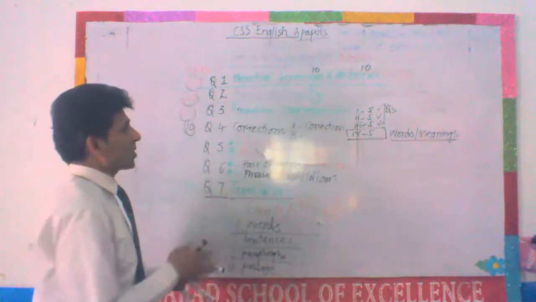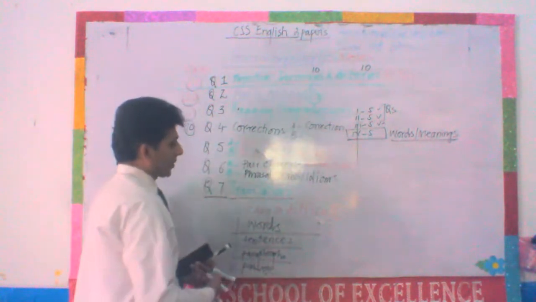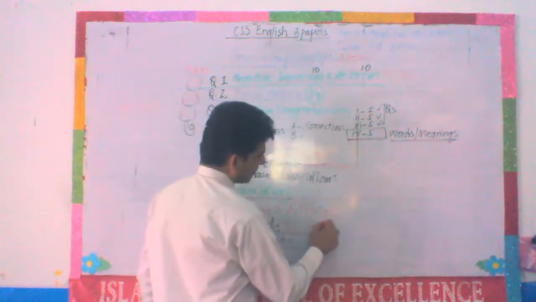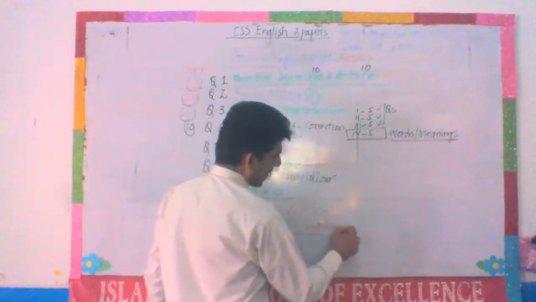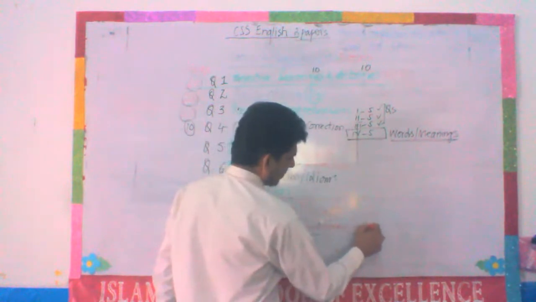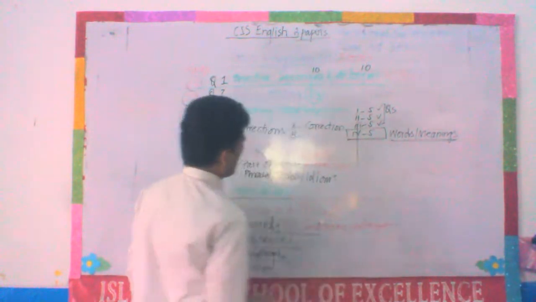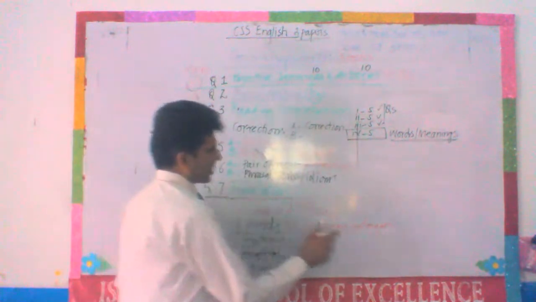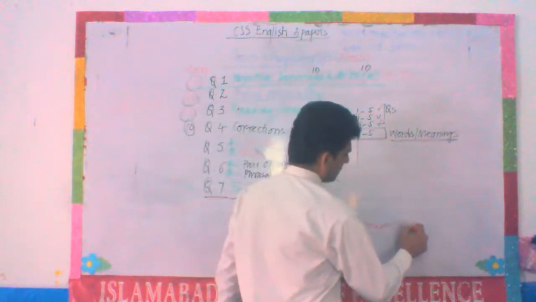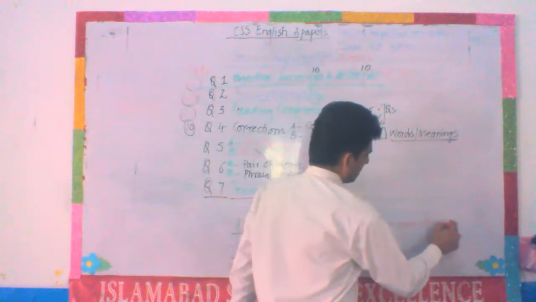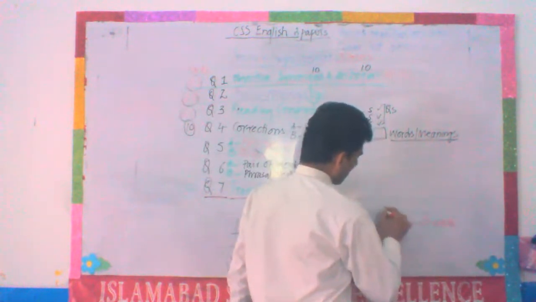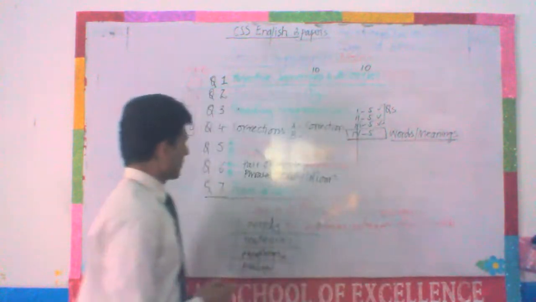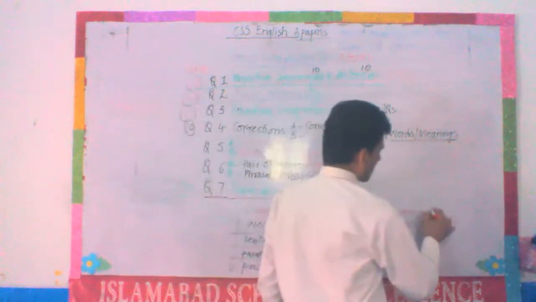Knowledge of words. Which questions will be prepared? Question number 1: synonyms, antonyms, pair of words, analogies, phrasal verbs, idioms.